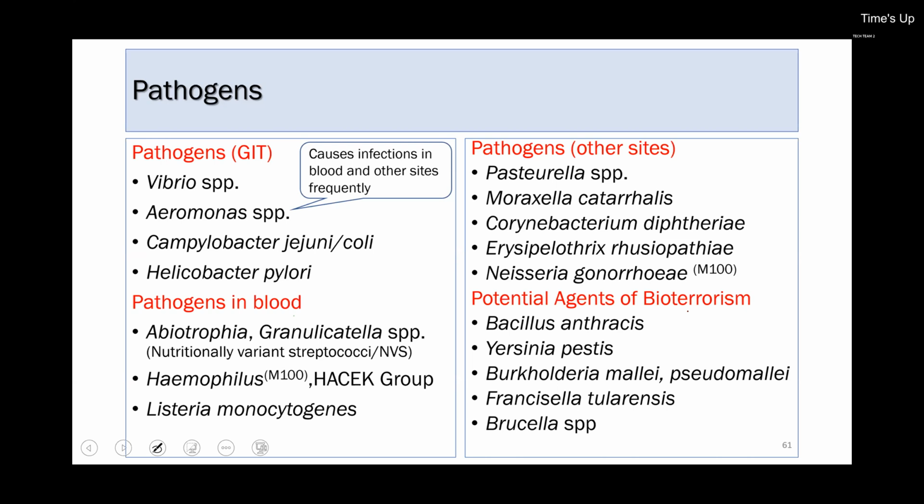Aeromonas, for example, we frequently get in our laboratory. So there is another document called M45, which is for infrequently isolated organisms. It has the breakpoints and testing methodology details.